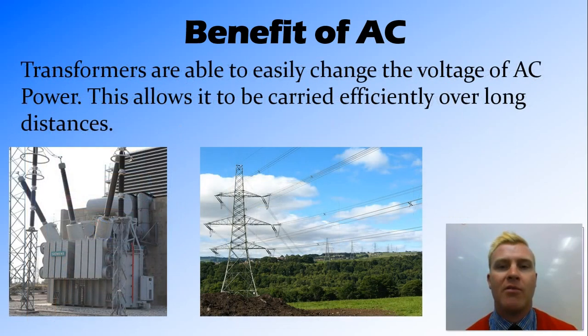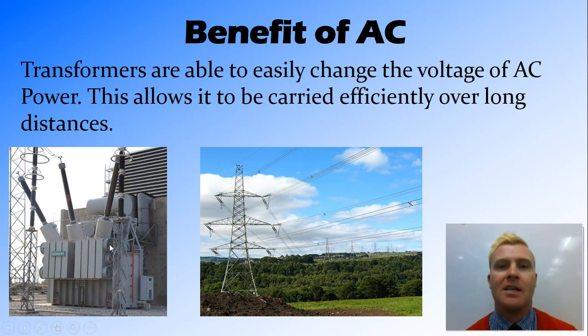Another huge benefit of AC power is it's much easier to transport over long distances. As the amount of current or the amount of electrons moving around increases, this decreases the efficiency at which those electrons can move through a wire of a fixed size. So what we can do is we can use what's called a transformer, and this picture here is a picture of a transformer.